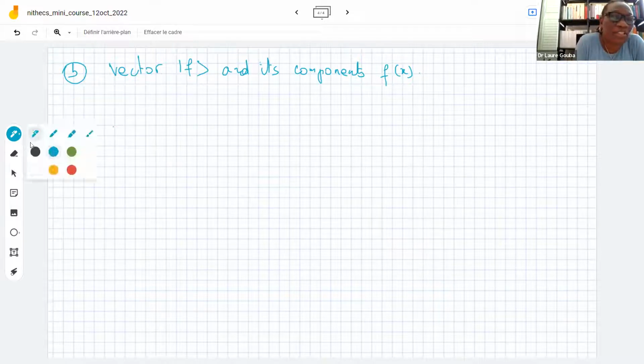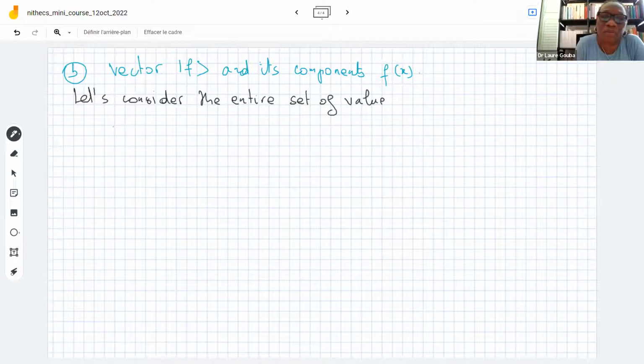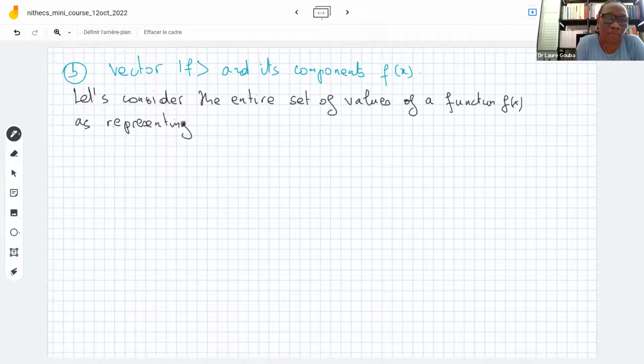Okay, this I want to say is about how we consider this kind of abstract vector. So let's consider the entire set of values of a function f of x as representing a vector f.